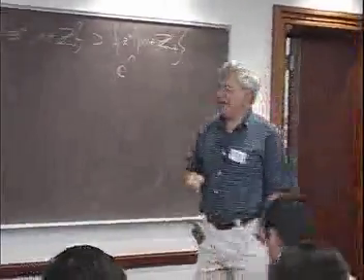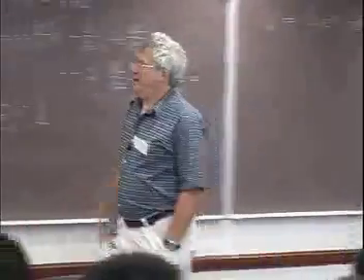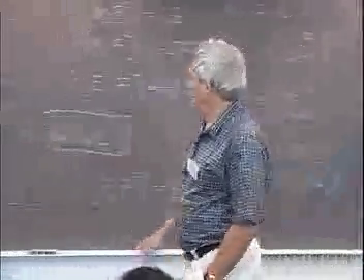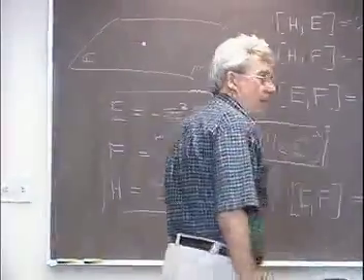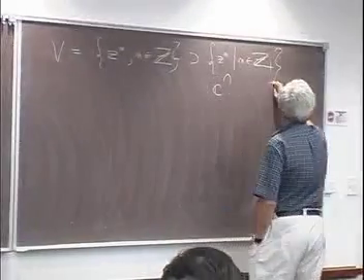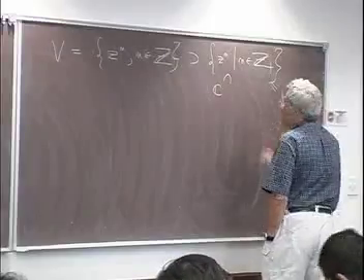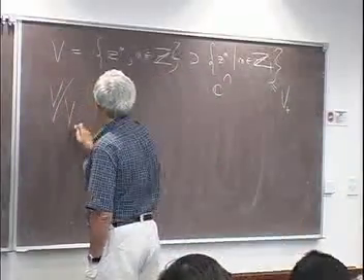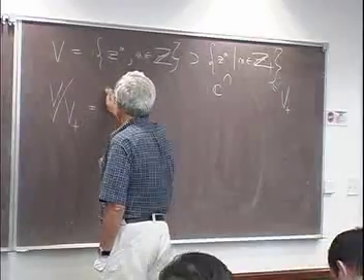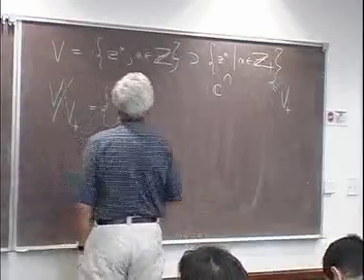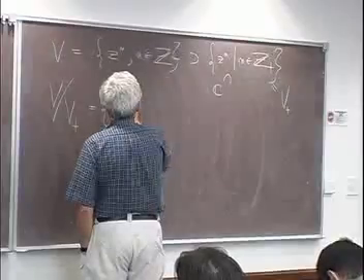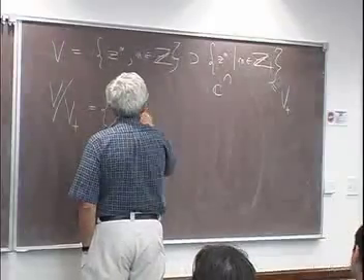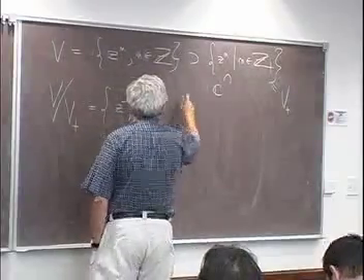But the space I want to look at in detail is actually the quotient. Let me denote this, say, by V plus. I want to look at V mod V plus. So this is the space which is spanned by z to the minus 1, z to the minus 2, and so on.